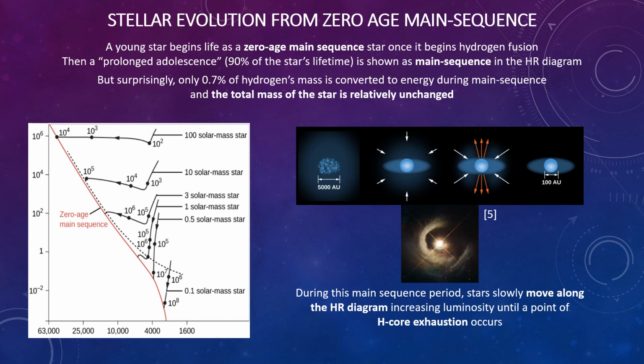So these stars on the main sequence are incredibly stable. They aren't blowing away very much of their mass in their solar winds compared to the later stages of their life. And during this main sequence period, stars slowly move along the HR diagram, increasing luminosity until they have exhausted the hydrogen in their core.